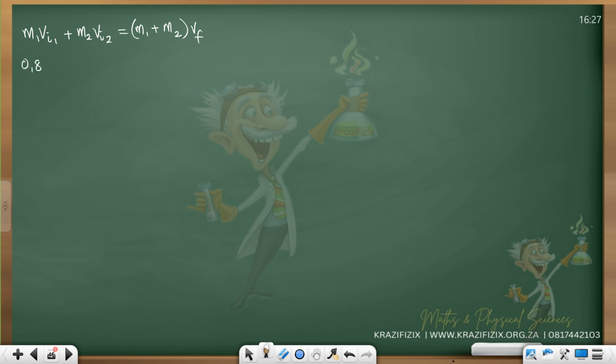The mass 0.8, velocity is 10, plus the mass 0.2 of the car, but the car was stationary. Now, both of them added together. Now, please give me the final velocity. Do the math again. Let's see your maths. Final velocity.